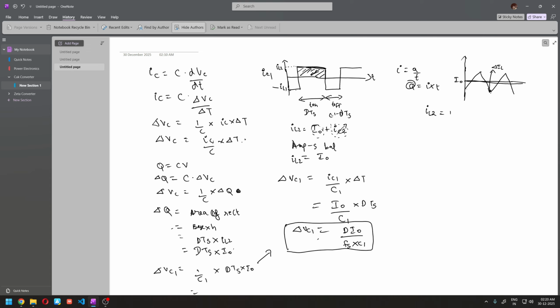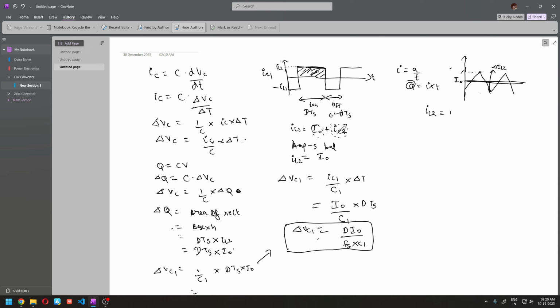This is your delta IL, and in this case we are drawing the graph for IL2, right? So this is delta IL2 total from this peak to this peak, and if we just look at this top peak, it is basically delta IL2 by 2. Maybe that's a little small, make it big.